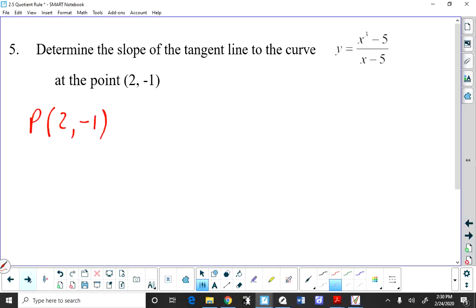Since this point 2 comma negative 1 is on the curve, and the line is tangent at that point, this point is on the tangent line. Right? Whatever the curve looks like, it doesn't really matter. If this is 2 comma negative 1, the tangent line looks like that. That point happens to be a point on the line.